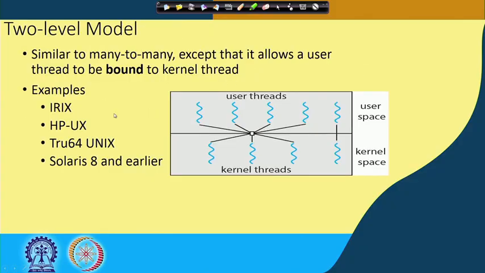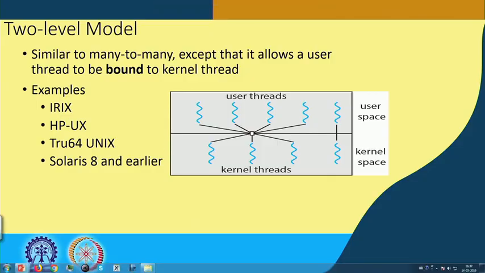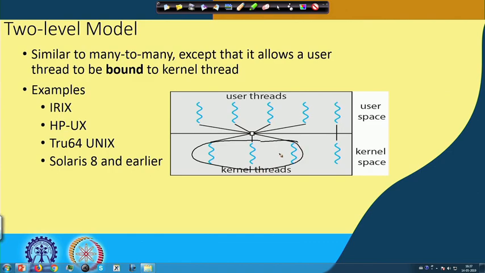There can be another situation known as the two level model. It is similar to many to many, except that it allows a user thread to be bound to a kernel thread. Here we have many user threads, and they are bound to some kernel threads, but the set that is bound to a kernel thread is fixed.